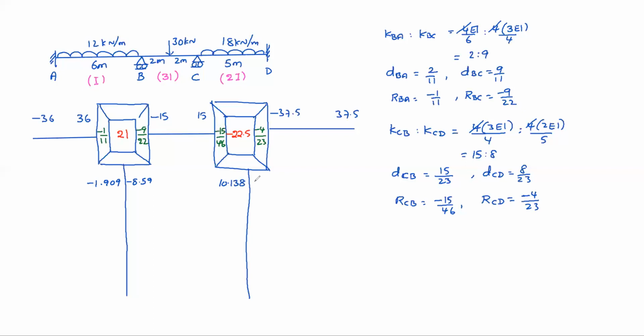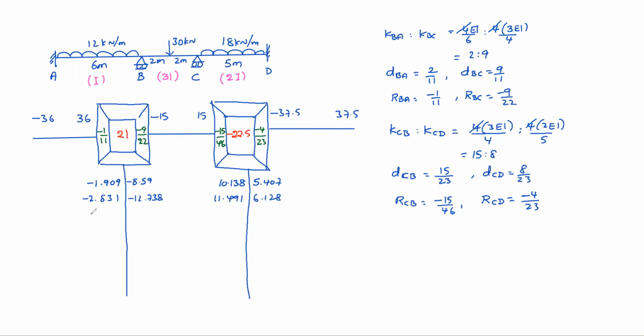This side 5.407. Similarly, now minus 2.831, minus 12.738, 11.491.